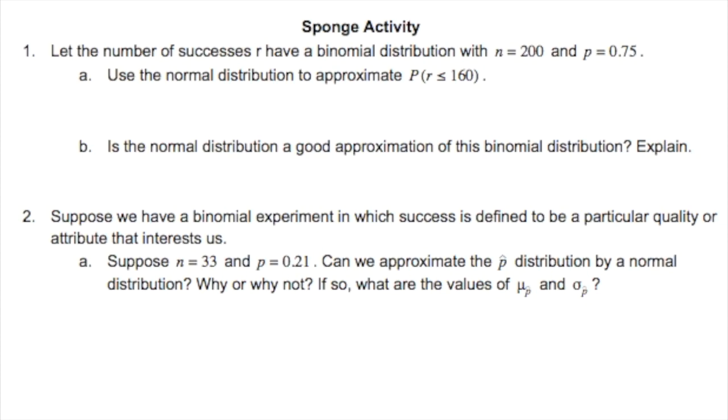And number 2, suppose we have a binomial experiment in which success is defined to be a particular quality or attribute that interests us. Suppose n is 33 and p is 0.21. Can we approximate the p hat distribution by a normal distribution? Why or why not? If so, what are the values of mu sub p hat and sigma sub p hat?